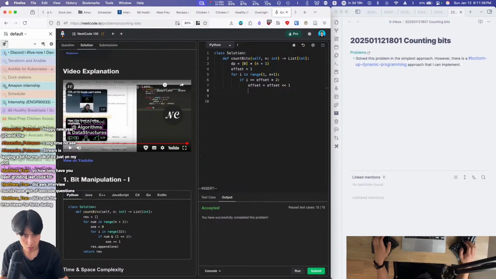Yes. And then you say dp of I is equal to 1 plus dp of I minus the offset.